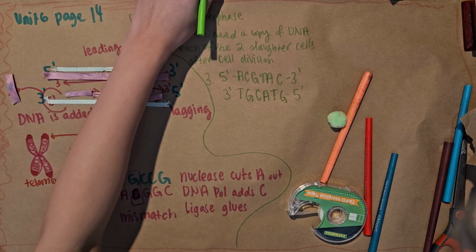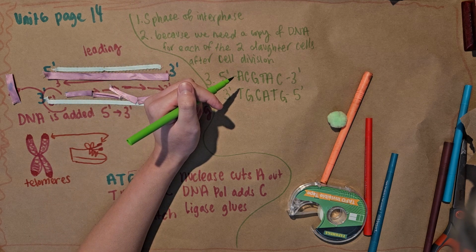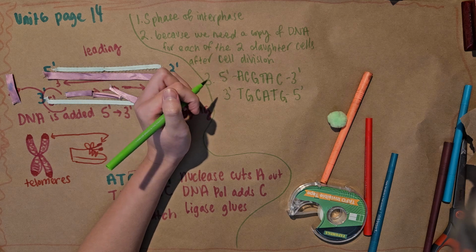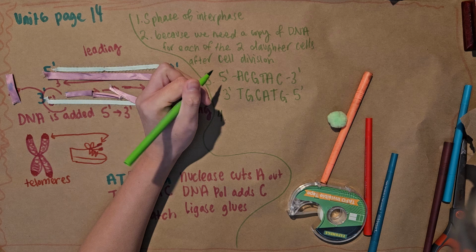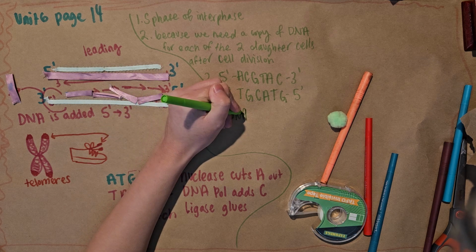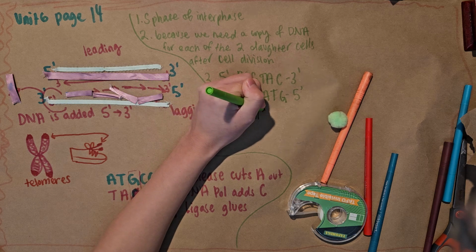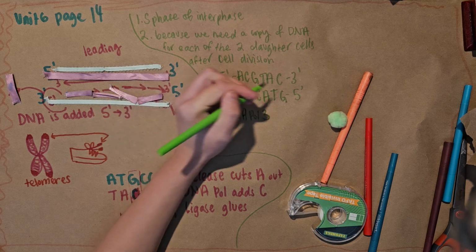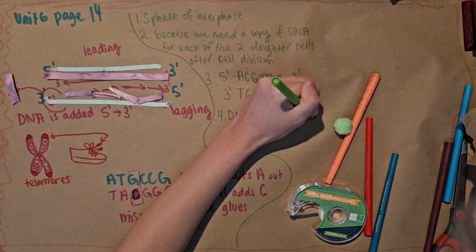Number 4, what direction does DNA polymerase 3 move along the parental strand? So this is a trick question, kind of, because DNA polymerase will add nucleotides.